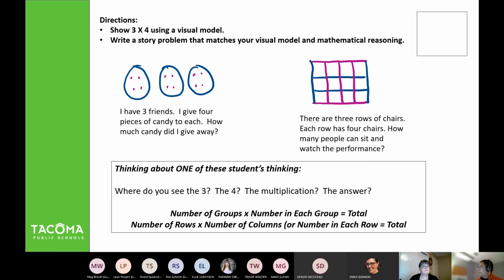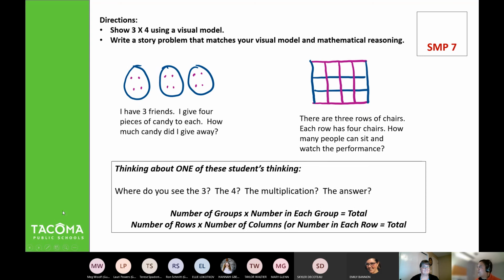And so one of the pieces that we might think about here is how, in this discussion and in thinking about the mathematics and how it's represented in the picture, we can think about a few other standards for mathematical practice that are in play here. Number 7 is where we're looking for and making use of structure.